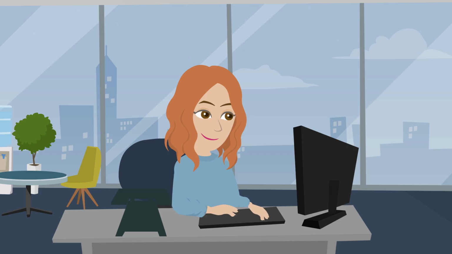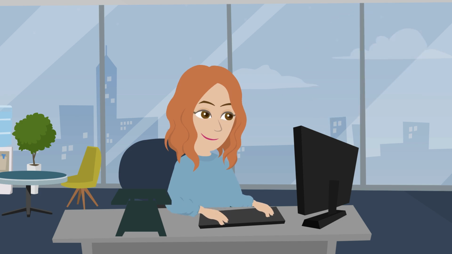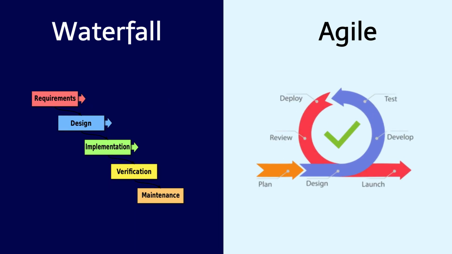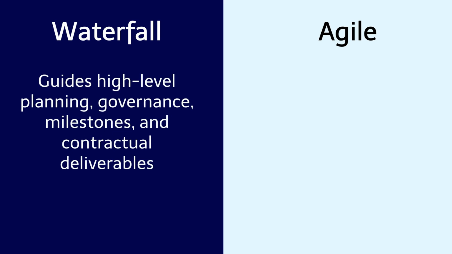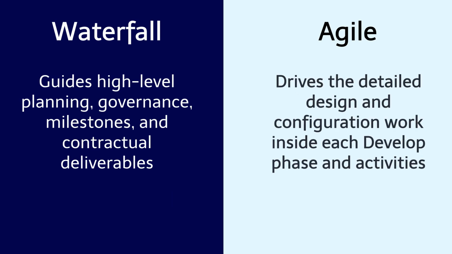With the DDCI phases covered, let's look at how we manage the work inside them. The CSPS project uses a blended approach of waterfall and agile. The CSPS waterfall approach guides the high-level planning, governance, milestones, and contractual deliverables and is applied during planning, testing, training, and deployment phases of the project, while Agile drives the detailed design and configuration work inside each develop phase and activities.